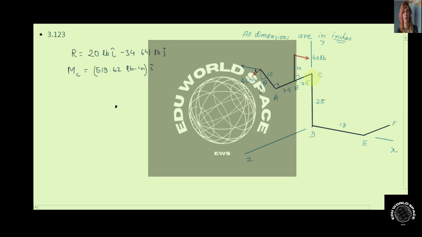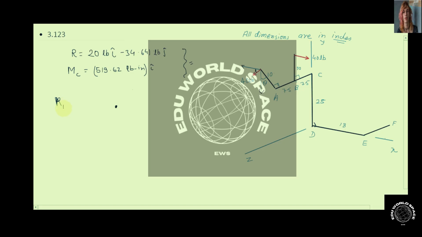So here we have already calculated the equivalent force and couple at point C. Now we just want to calculate the equivalent force couple for this system if these forces were present at point D. For that calculation, what will be the reaction?